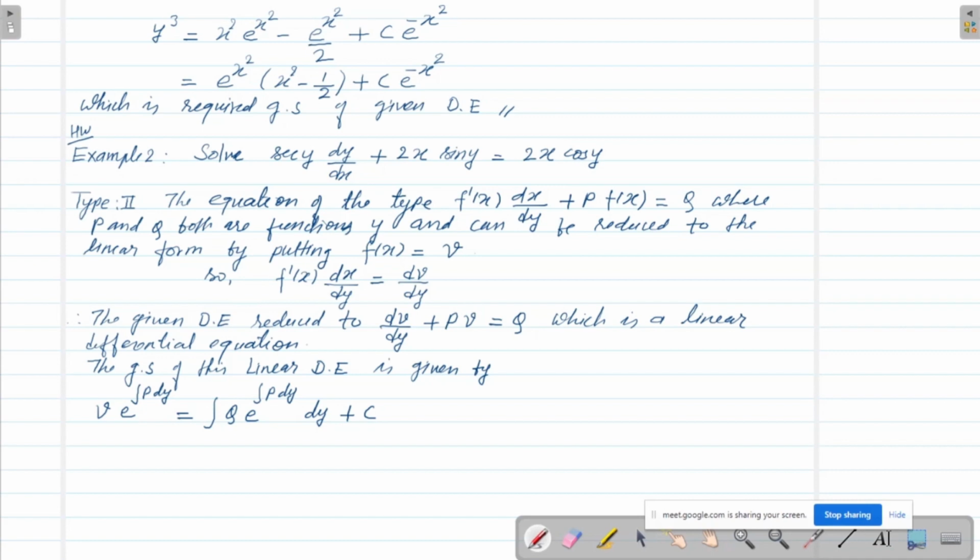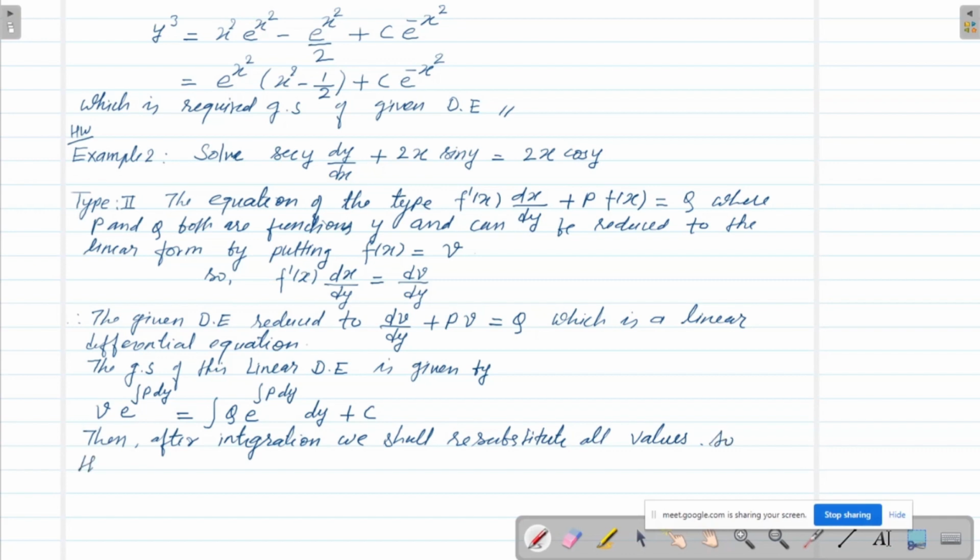After integration we will resubstitute all values. So that will be the required solution.